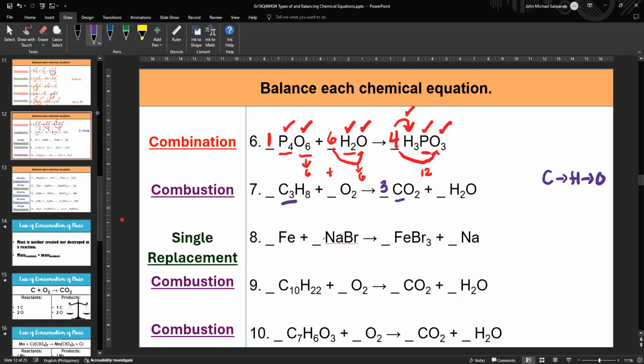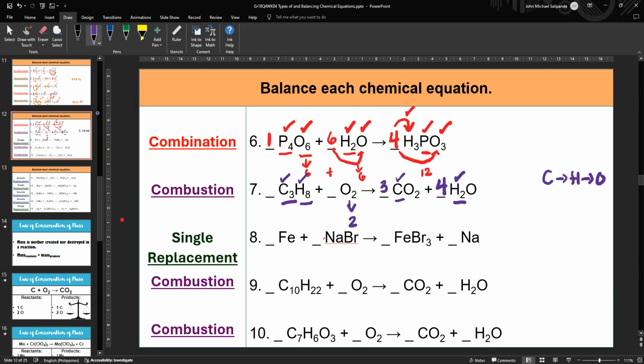Next, for hydrogen, you have 8 hydrogen atoms on the left side. There's only 2 on the right side. So to make the right side contain 8 hydrogen atoms, you have to multiply this one by 4. Now, with carbon and hydrogen already balanced, let's balance oxygen. On the left side, you have 2 oxygen atoms here.